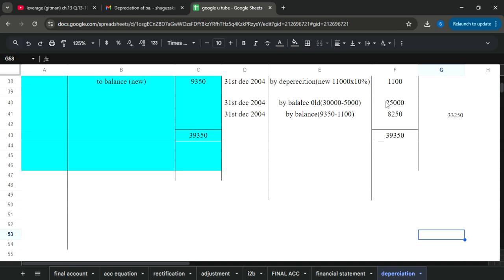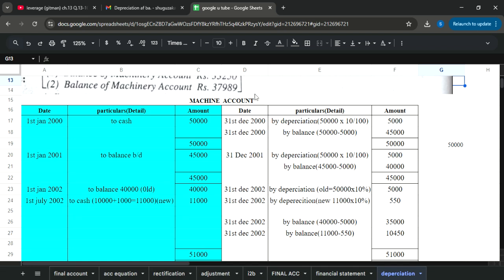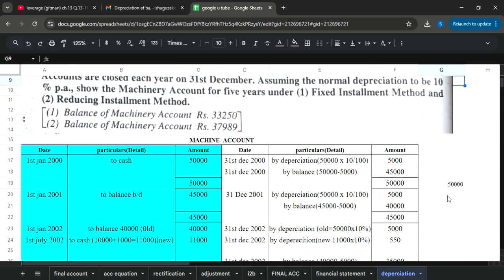This is your old asset, new asset. Collectively we have two assets worth rupees 33,250. So guys, in this way our calculations have been completed. First year, second year, third year, and then fourth year, fifth year. These were the two assets present. The sum of these two assets is 33,250. In this way, guys, we have completed our question.